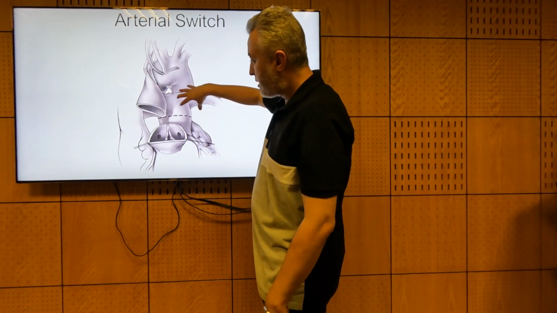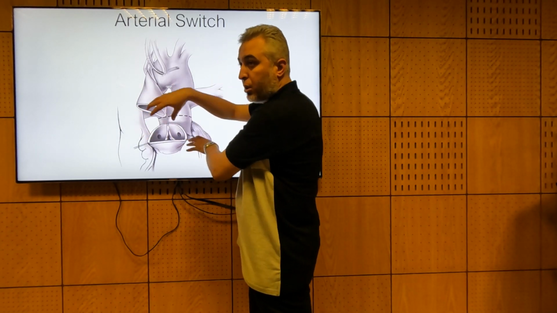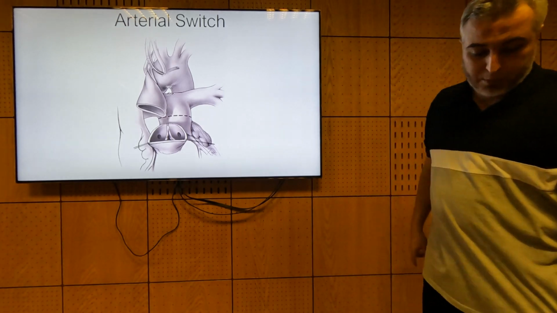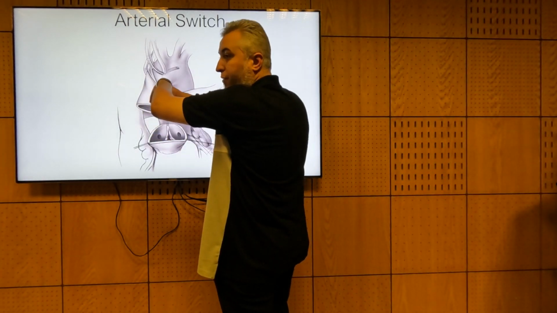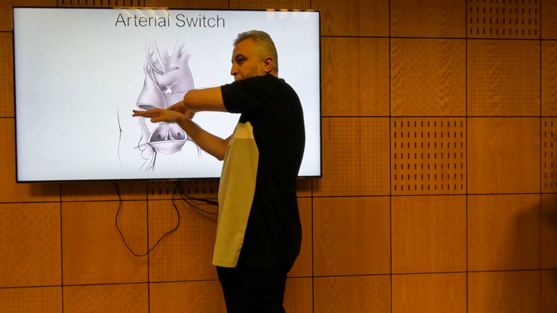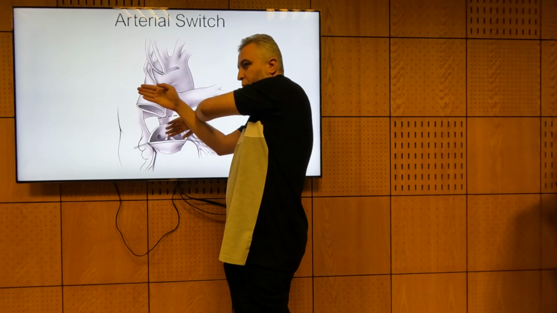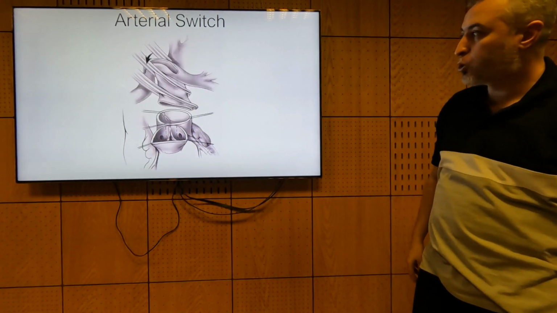It's much easier if the pulmonary bifurcation gets in front of the aorta, and so we do the Lecompte maneuver. Here, the ascending aorta is in front of the PA branches. After we transect both, we get the pulmonary bifurcation in front of the ascending aorta, so that it just overlies the right ventricle. So this is the Lecompte maneuver.